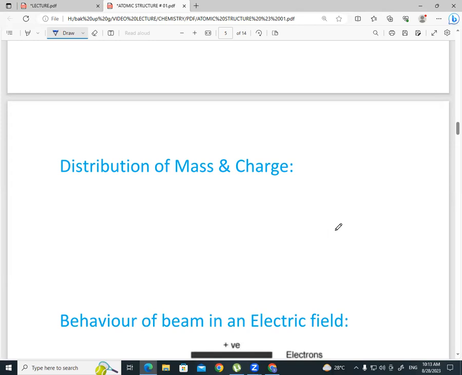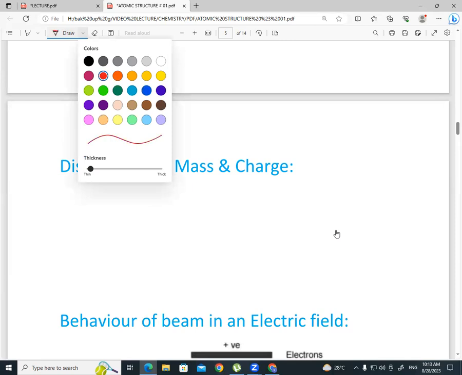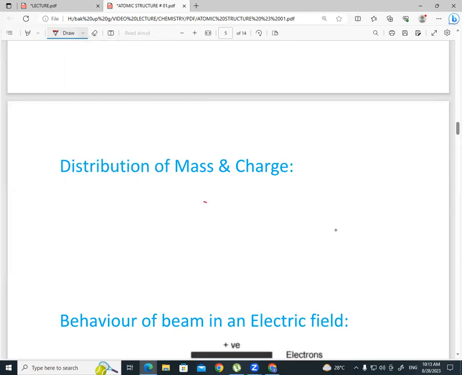Distribution of mass and charge. From the above experiment of Rutherford, we learned that the mass of an atom is totally concentrated in the nucleus, and this nucleus contains protons and neutrons, while electrons reside outside the nucleus and rotate around it.